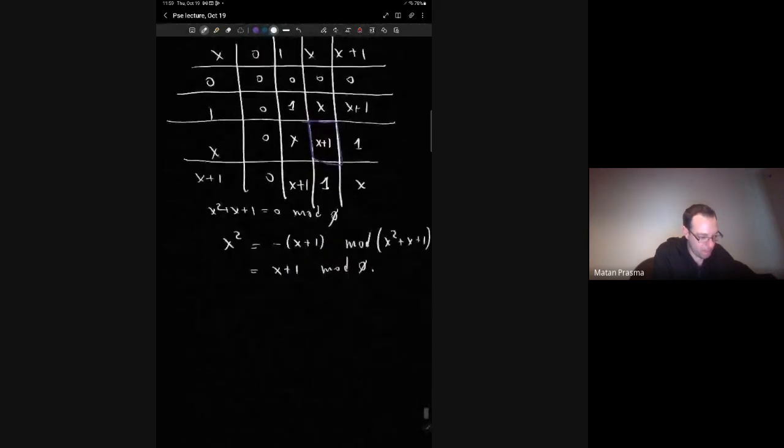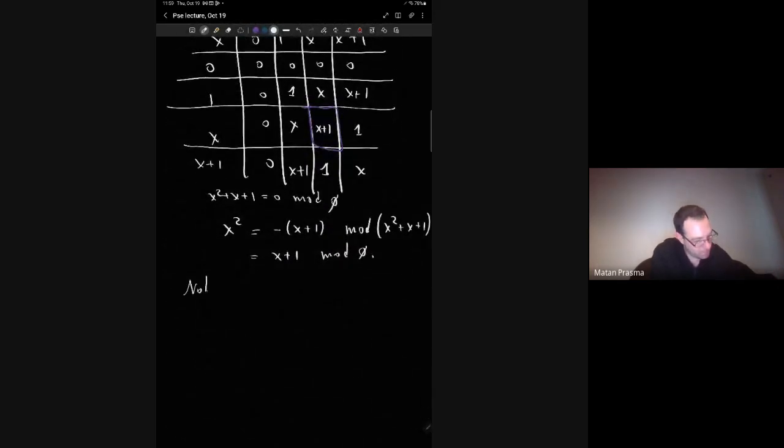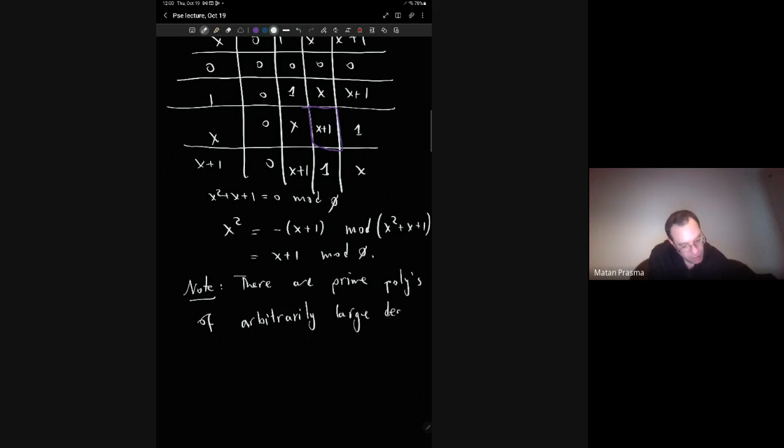However, there are prime polynomials of arbitrarily large degree over Fp.